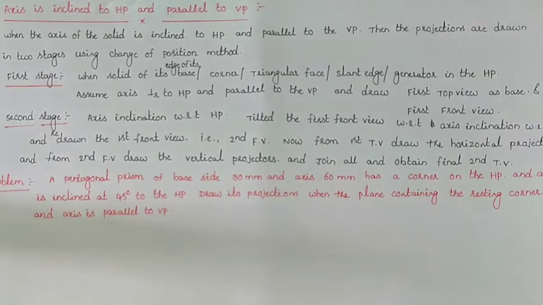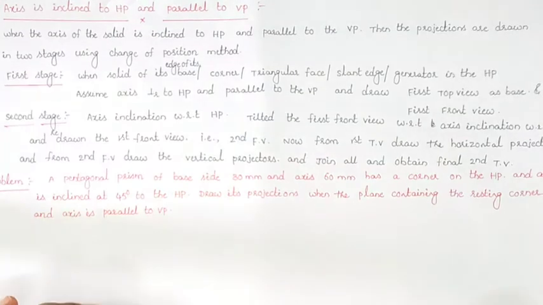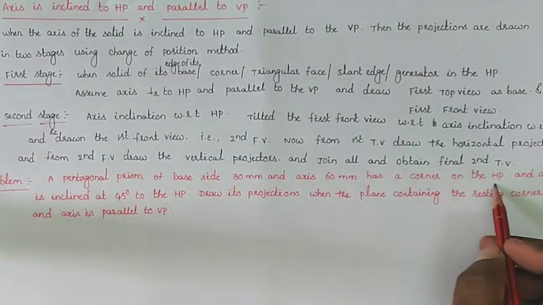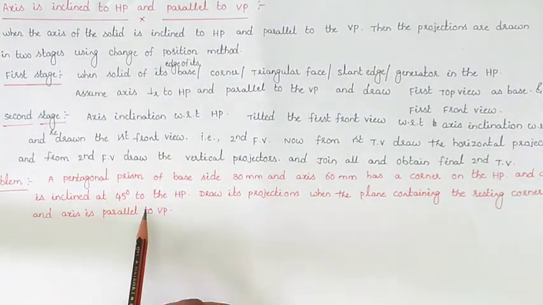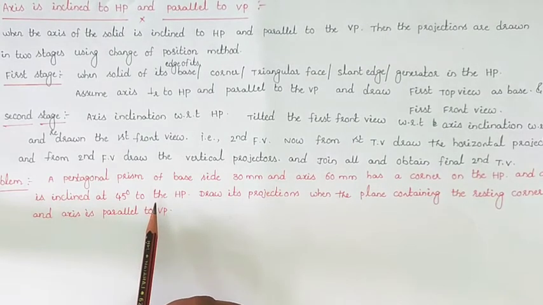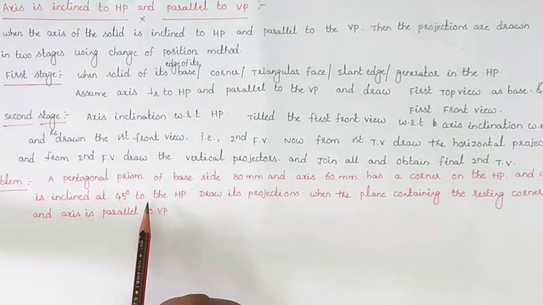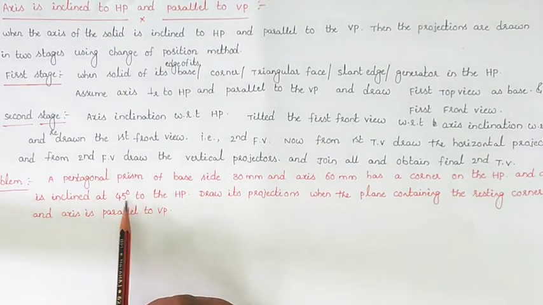So here the type of the prism they are giving is a pentagonal prism. It is resting on a corner on the HP and the axis is inclined 45 degrees to the HP. So when the corner is on the HP and the axis is inclined to the HP, in the initial stage we assume the axis perpendicular to the HP.